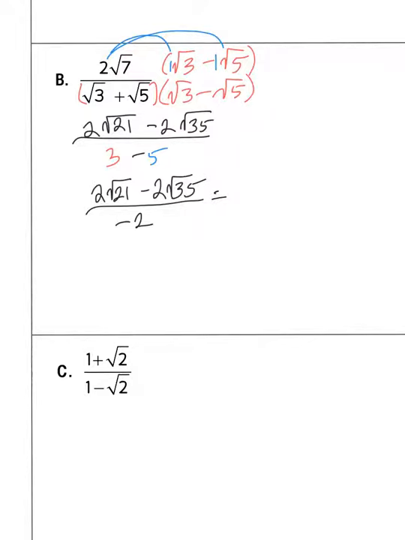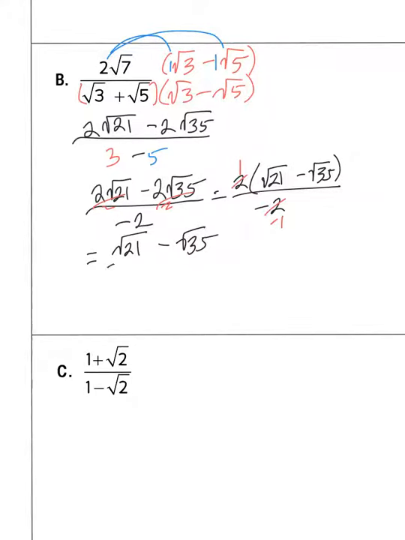So if I factor a 2 out from the numerator and divide each of these by 2 and by 2, note that you get square root of 21 minus square root of 35, all divided by negative 2. So 2 divides into 2 once, and 2 divides into negative 2 negative 1 times. So now I have a square root of 21 minus the square root of 35 all over negative 1.